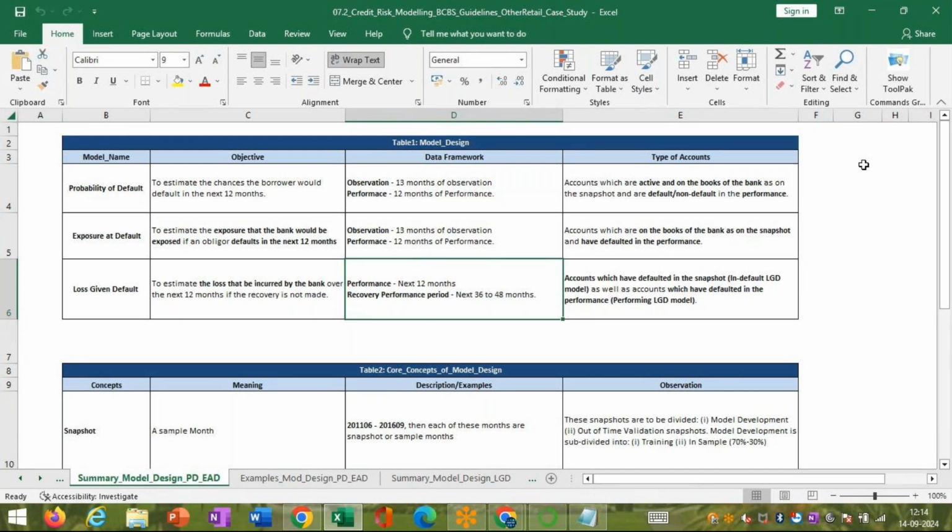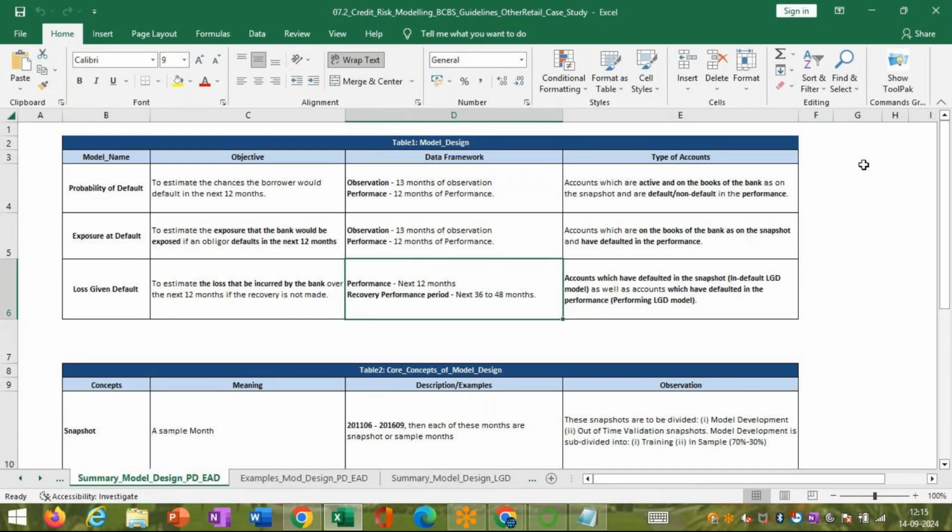In the last class we started talking about the model design corresponding to the probability of default. While we were talking about probability of default, we discussed the model design under some aspects. The first was the key target variable.